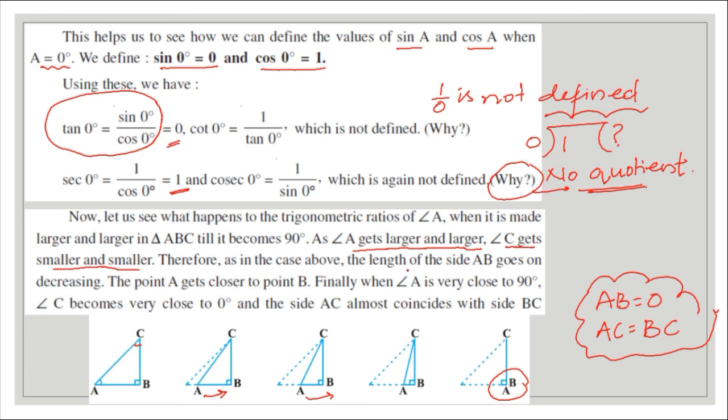Therefore, in this case, AB goes on decreasing. A gets closer to the point B. Finally, angle A is very close to 90 degree. Angle C becomes very close to 0 degree. Angle C will become 0 degree and angle A will become 90 degree. The side AC almost coincides with the side BC. Now let us see the angles.